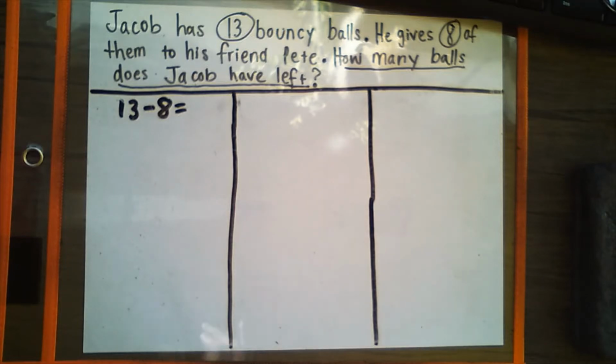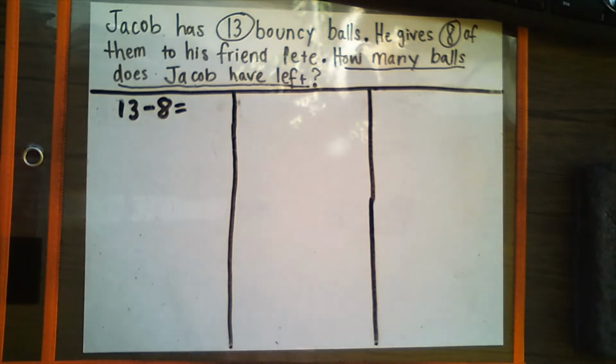All right, my friends, welcome back. So 13 minus 8 is one of our number sentences that we can use to solve our story problem here. We can also use 8 plus 5 equals 13. Now, given that we have a few different number sentences to use to solve our problem, it's probably true that we can have multiple strategies to solve.